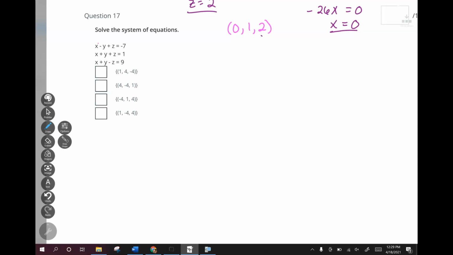So I'm going to do equation 1 plus equation 3 first. And I don't need to multiply by anything because they already have the same coefficient of 1 with opposite signs. So I'm going to add equation 1 and equation 3.